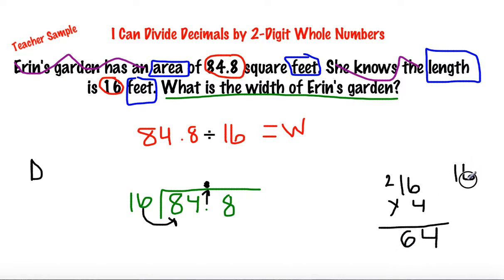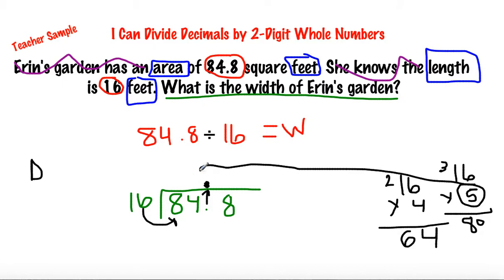So let's try 16 times 5. Since I'm trying to get to 84, we know 6 times 5 is 30. 5 times 1 is 5. Plus 3 is 8. That's as close as I'm going to get to 84 without going over. So 5 goes at the top.